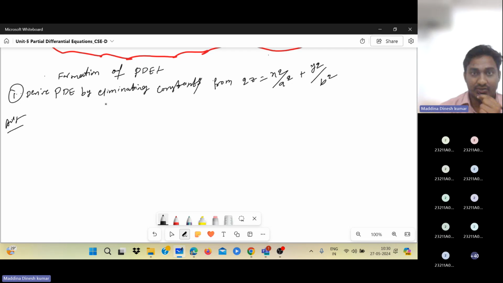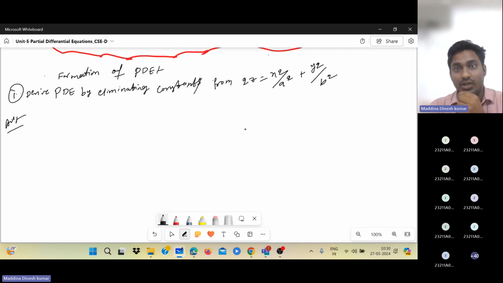So by doing partial differentiation, in that process automatically you will get the required partial differential equation. Okay. Generally in a differential equation, if two constants are there, we will derive up to order 2. But in case of PDE, it's not like that. There is no restriction that you need to go up to second order or first order based on the constants.